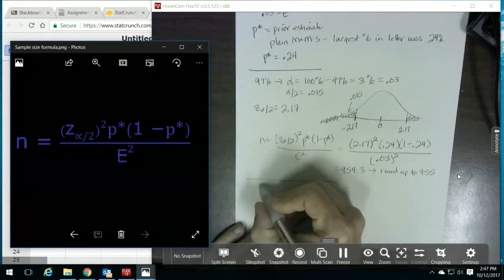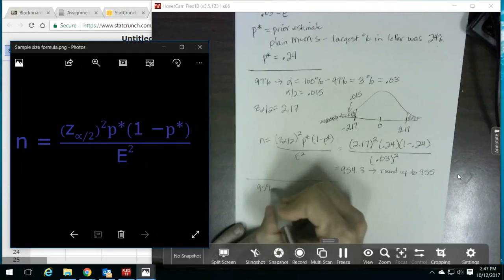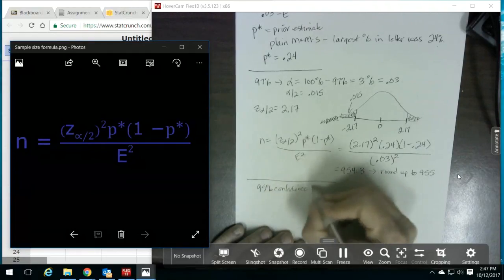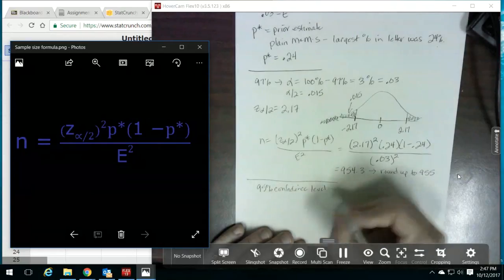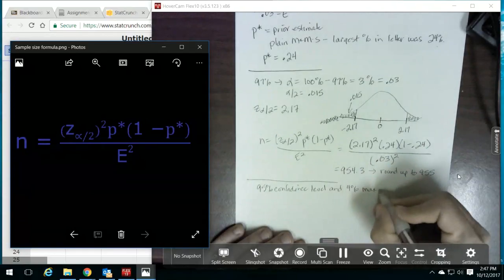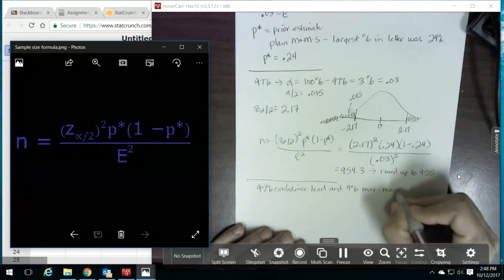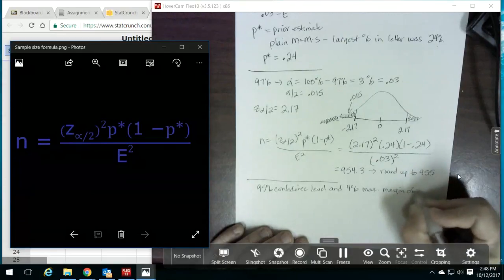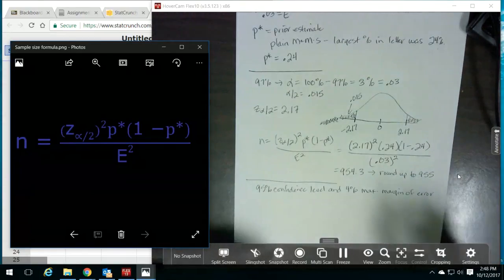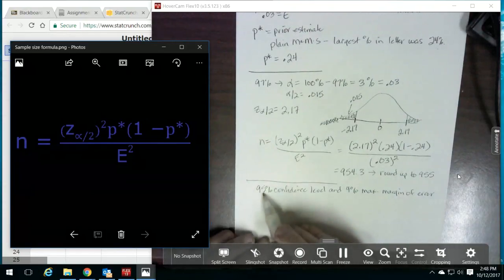Let's say that I decide to use a 95% confidence level and a 4% maximum margin of error. Okay, so that means I have to go back and recalculate some things.